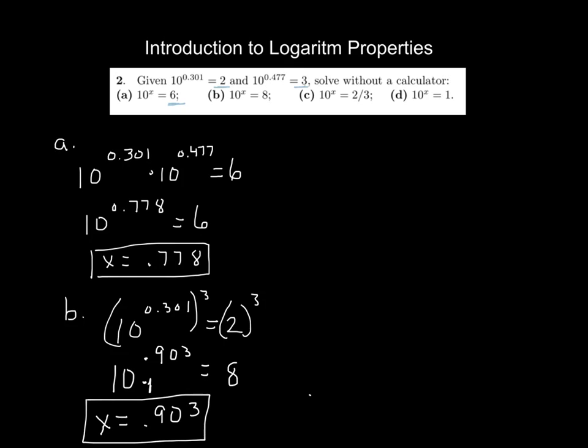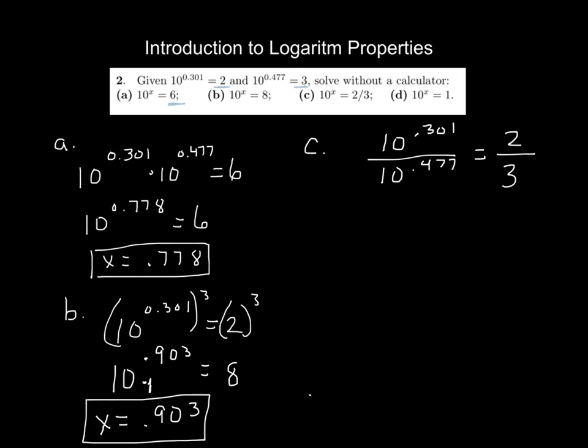All right. C. That one's, I think, pretty straightforward. I have 2/3. And how would I get 2/3? Just divide those. So if I do 10 to the 0.301, that equals 2, divided by 10 to the 0.477, that equals 3, that should give me 2/3.